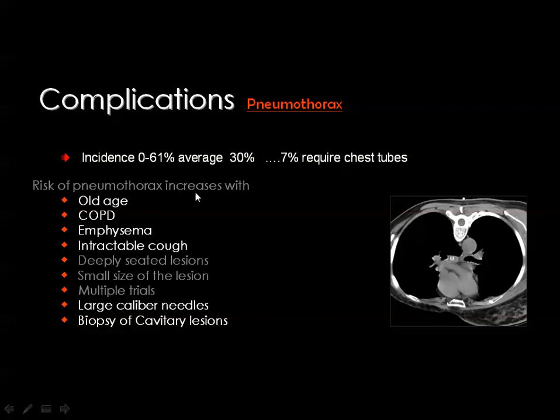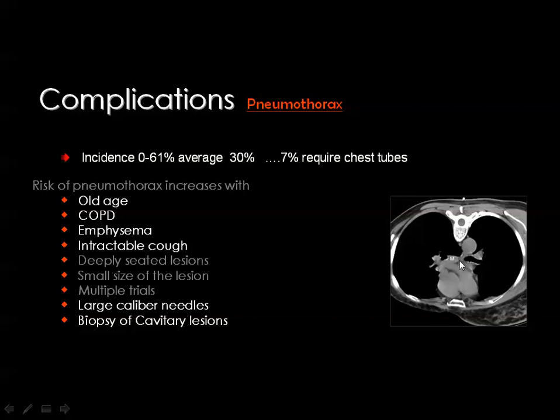These are the risk factors of developing pneumothorax. Number 1 is old age. Number 2, the presence of chronic obstructive pulmonary disease, and of course emphysema, intractable cough, and the lesion being deeply seated.